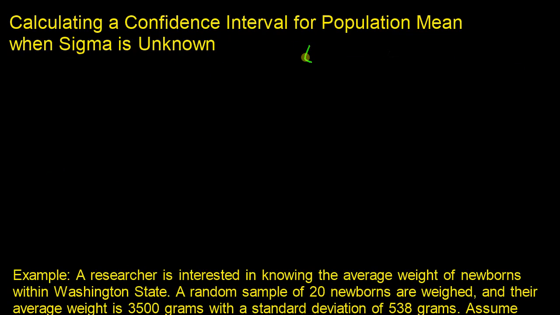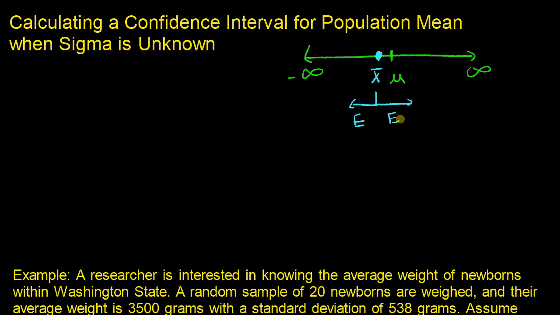All right, so first let's just remind ourselves what's going on here with confidence intervals for population mean. Somewhere from negative infinity to infinity, there lies a true population mean that's unknown to us. So we go out and get a sample, and we estimate x bar, the sample mean. That's one point estimate. I want to create a confidence interval where I go above and below x bar by a certain margin of error, and I create an interval to say it's a 95% confidence interval.